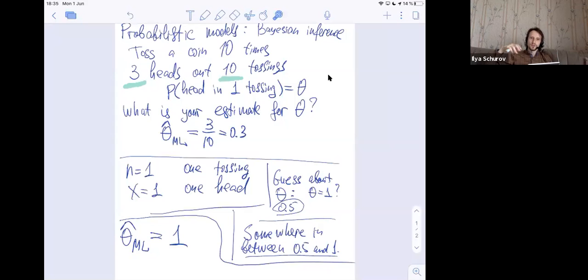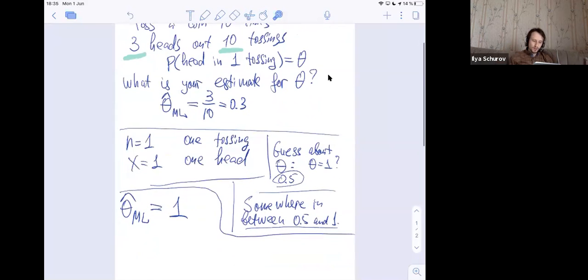Before I did an experiment, before I tossed this coin, you had some prior, some belief about what kind of coin it can be. And when I asked you this question, do you really believe that this coin is like this one? Do you really believe in this estimate? You plugged these prior beliefs into your estimate and said no. Why? Because your prior probabilities, your prior beliefs about this coin were against this idea, too strong.